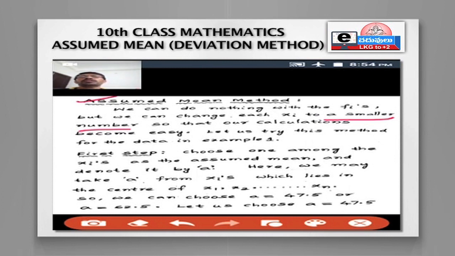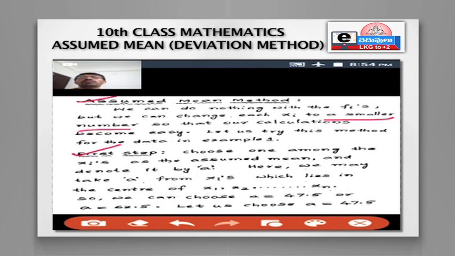Let us try this method for the data in example 1. Already we used example 1 for the direct method. So what is the first step we have to follow in the assumed mean method?